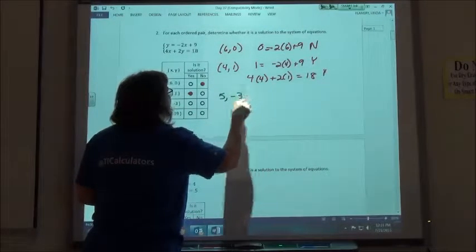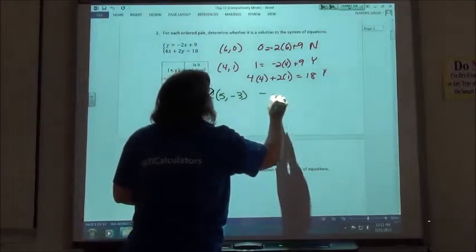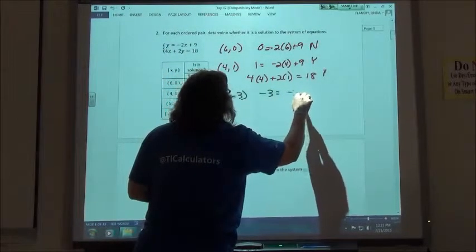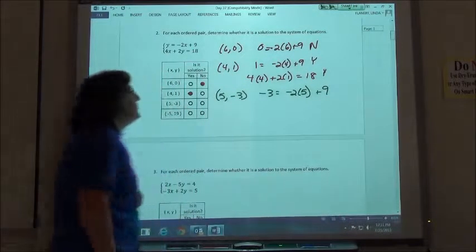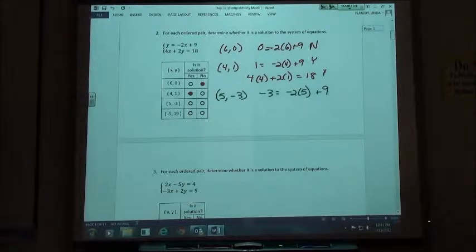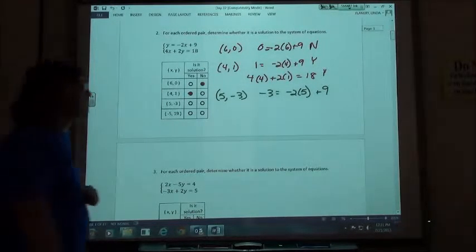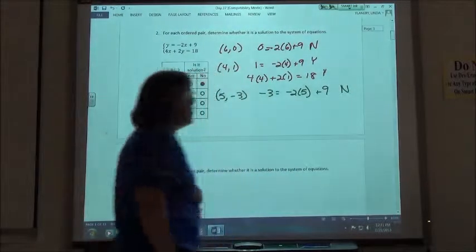5, negative 3. Checking that in my first equation, y is negative 3. Does that equal negative 2 times x, which is 5, plus 9? No, right?